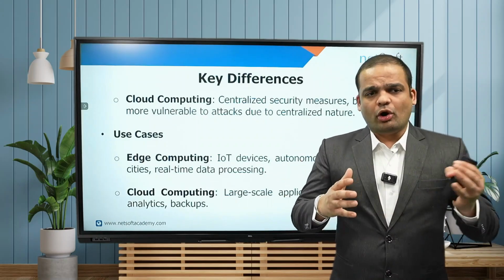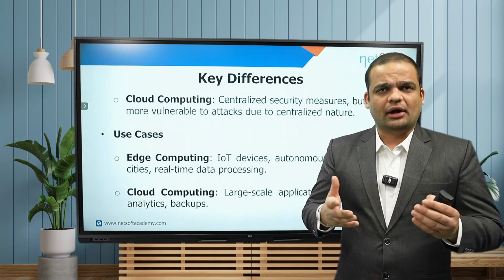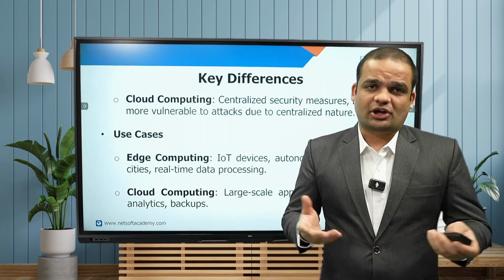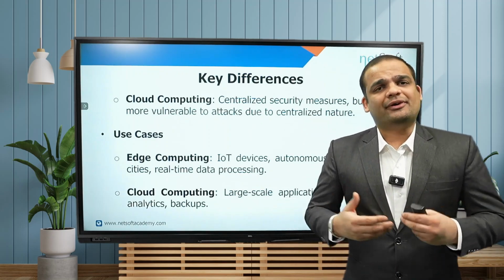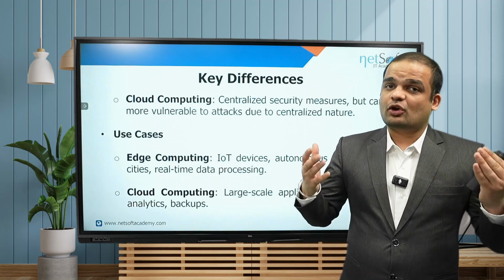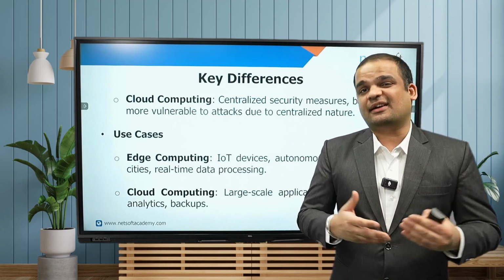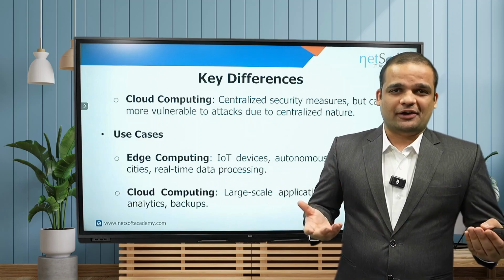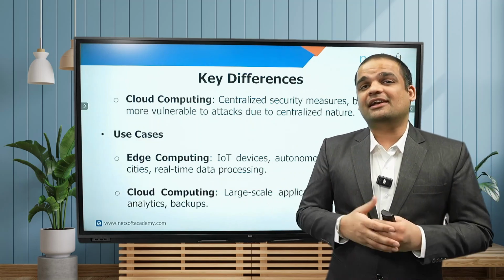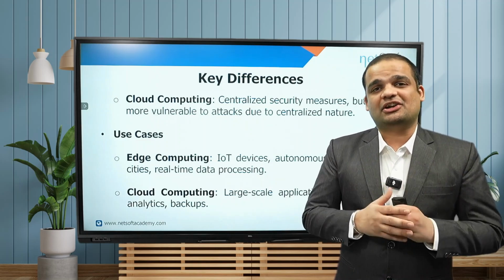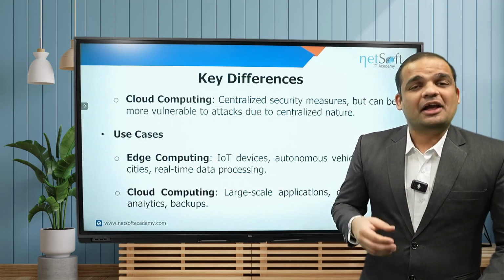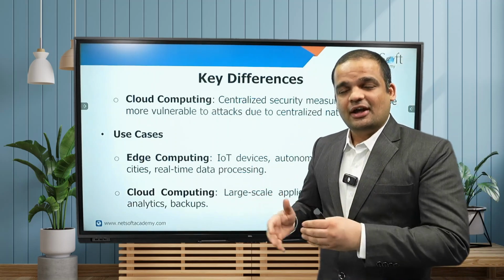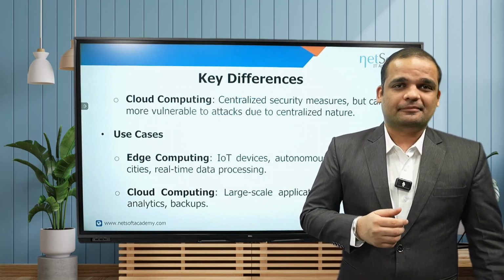Let's say you are in a remote place where the bandwidth is not good enough and you want processing power. Well, for that, edge computing shines. How about data privacy? Well, data privacy requires local processing for security and compliance reasons. You have the data, so you take care of the security. Reliability is needed even when the internet connection is unstable. Well, if you want reliability without a reliable internet connection, go for edge computing.